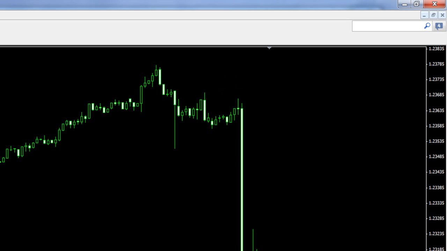So a buy stop order somewhere over here above the current price and a sell stop order below the current price. And so what that will do is, as soon as the news comes out, the currency pair will jump either up or down. And as you saw in the previous tutorial, it just goes that way without moving backwards.